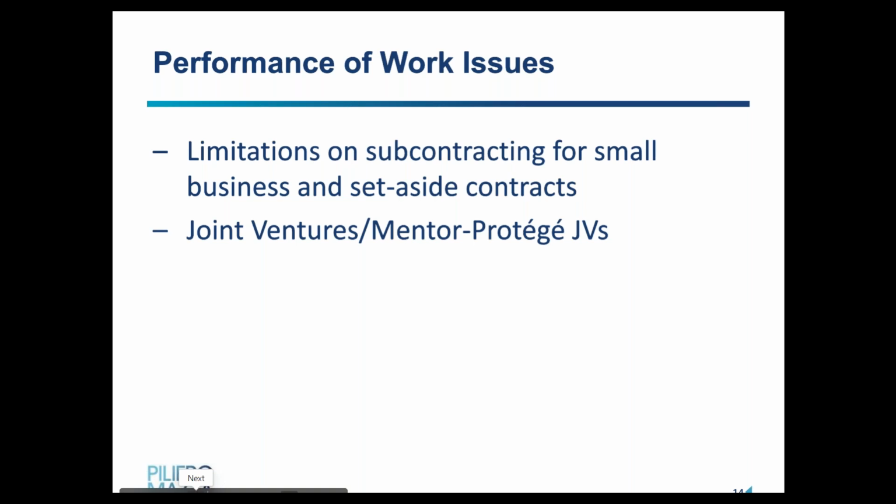And so similarly, there are performance of work requirements within small business joint ventures, whether they're mentor-protege joint ventures or not. When the joint venture is being used for a set-aside, the small business managing partner of that joint venture needs to be performing at least 40% of the joint venture's work.